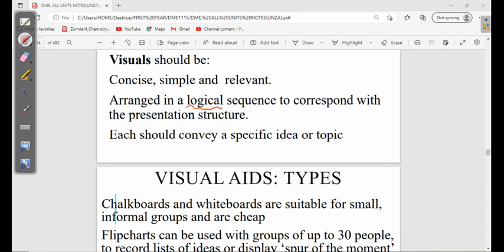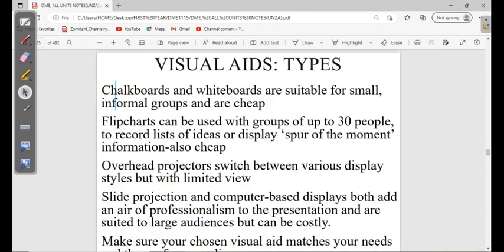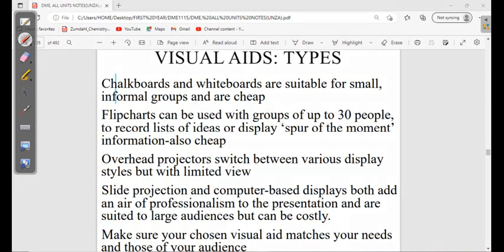That wouldn't be right. And make sure that each should convey a specific idea. As you put points on your visual aid, make sure that they are conveying a specific idea, not just talking about one thing and you are putting those as points. No. So if it is only one point, just write one, and then the rest you are going to just be able to explain yourself.